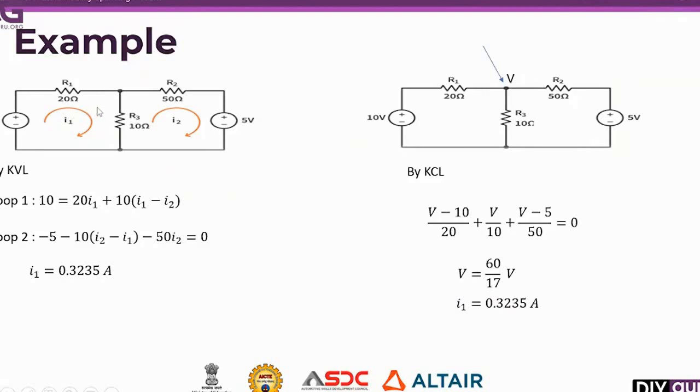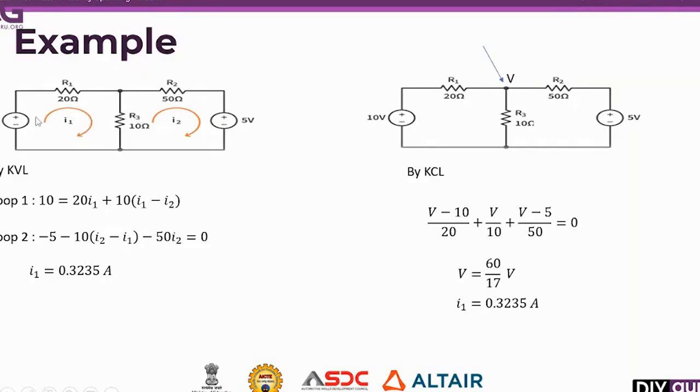I1 is coming in this direction, from top to bottom, whereas I2 is coming from bottom to top. Then the resultant current becomes I1 minus I2 when you are considering this first loop, because this current is dominating. So we'll write the current flowing through this resistance as I1 minus I2.